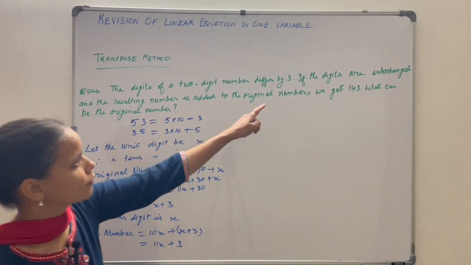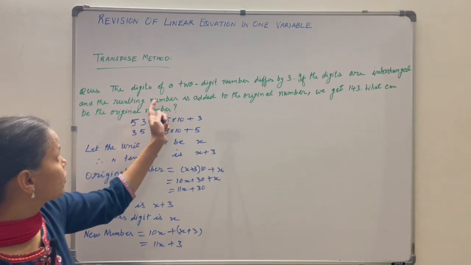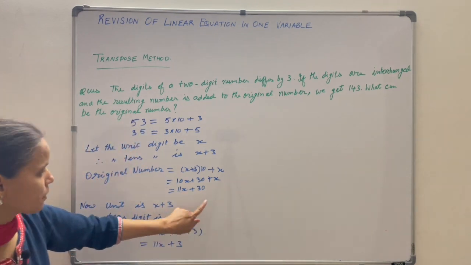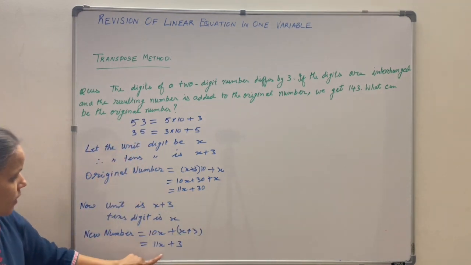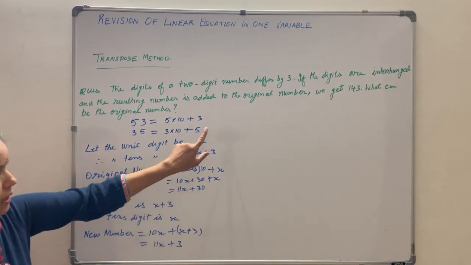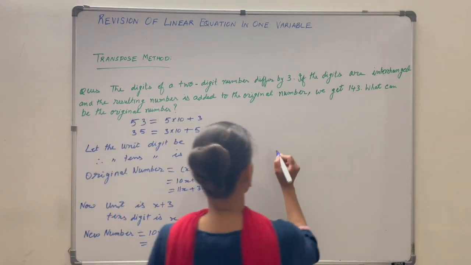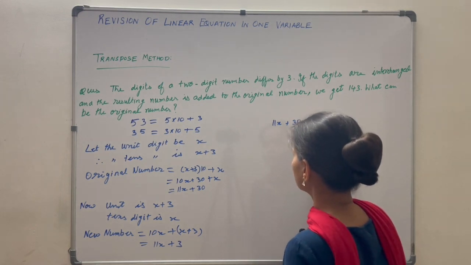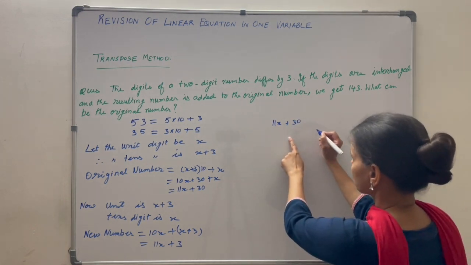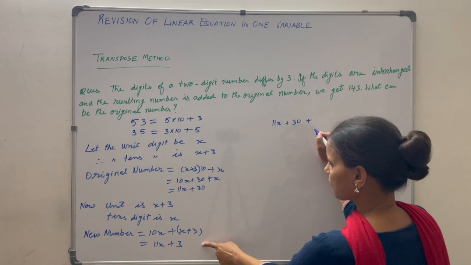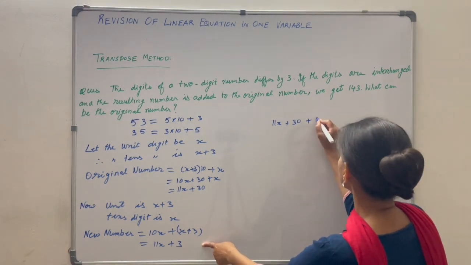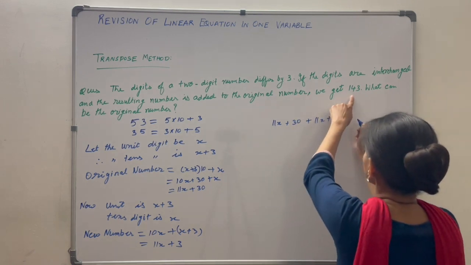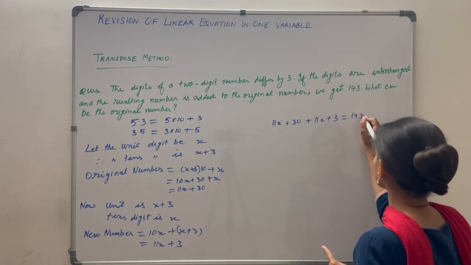If the digits are interchanged and the resulting number is added to the original number, we get 143. That means the original number when you add it to the new number, you should get 143. That means 11x plus 30, this is the original number, plus the number after interchanging the digits, 11x plus 3, is equal to 143.